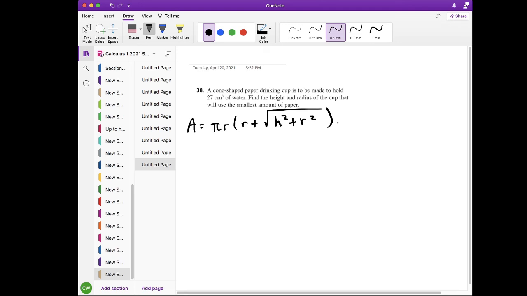By the way, we actually might derive this formula later in this class, the surface area for a cone. So get excited for that. So find the height and radius of the cup that will use the smallest amount of paper. Does anyone remember the volume of a cone? Volume is the easier one.